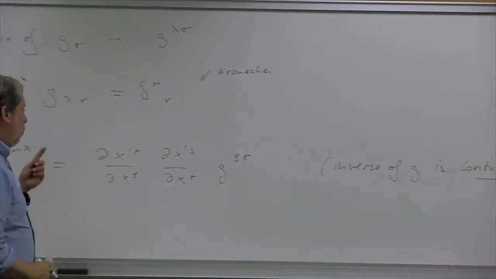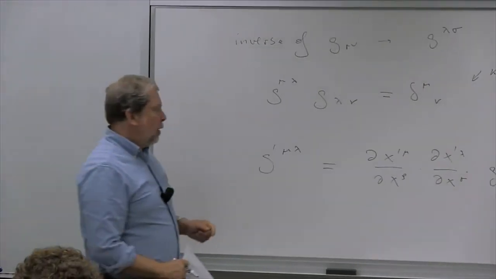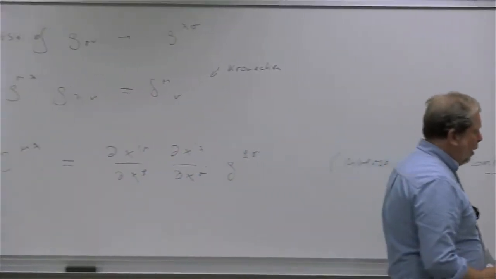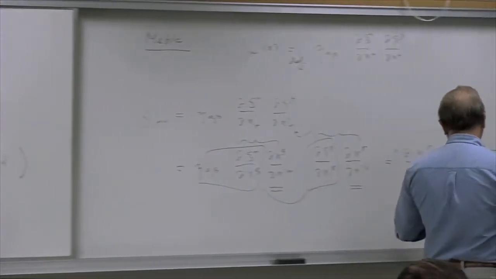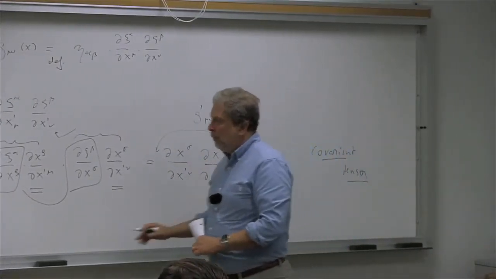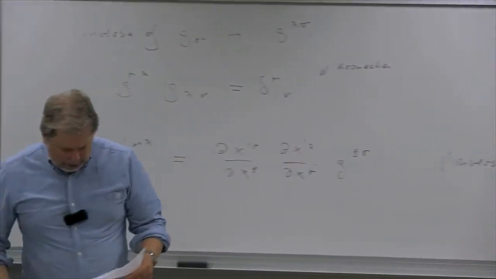You see, that's what we defined a moment ago: a contravariant vector or tensor is one that transforms according to dx prime by dx, which is just the opposite of what we have here, because here it transforms through dx by dx prime. So one is covariant and the other one is contravariant.